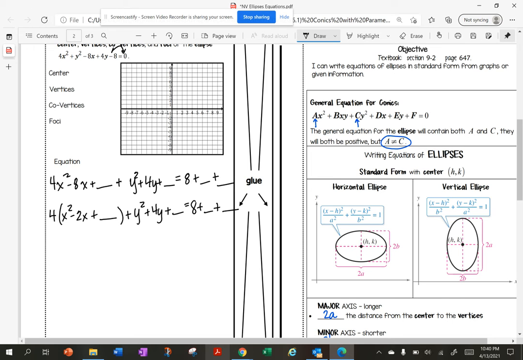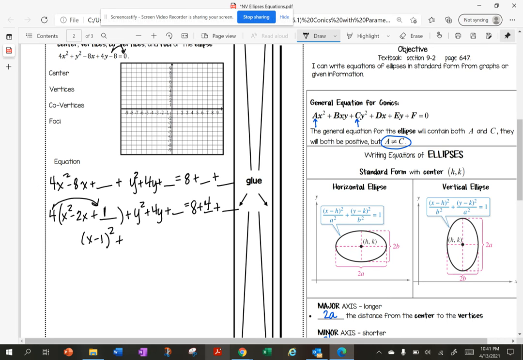All right, so now I'm going to add in half of the b term and square it. So this is going to be x minus 1 quantity squared. So 1 squared is 1. But I have to take into account that I'm distributing 4 times 1. So I'm really adding 4 on the left. So I'm adding 4 on the right.